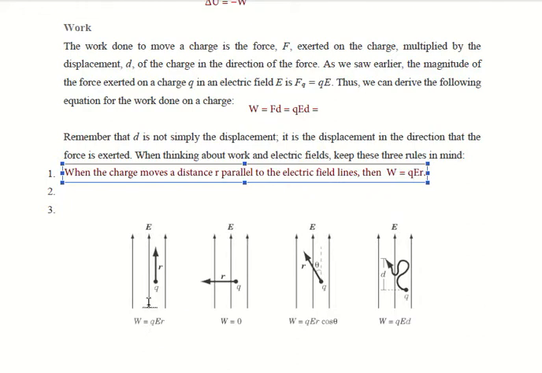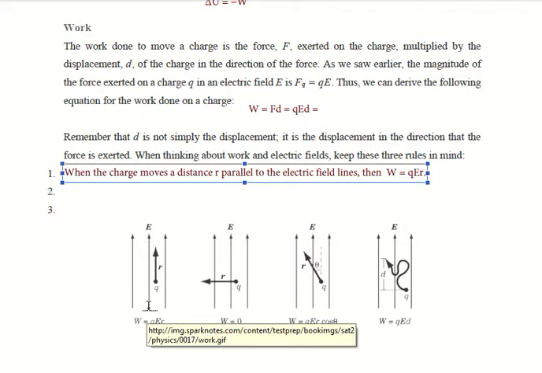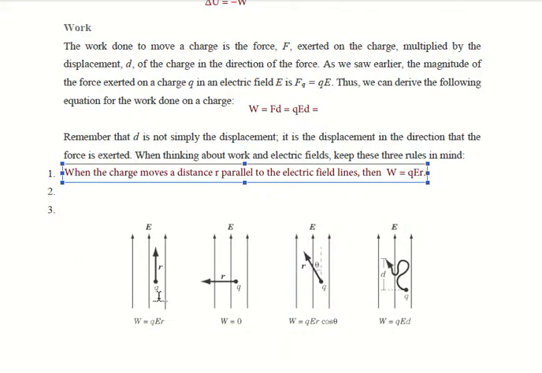That electric field, remember, shows which way a positive charge would want to be moved. Since our Q looks positive, it's going to move with the electric field lines. This r goes in the direction of the electric field lines. So work done is just Q times E times r.